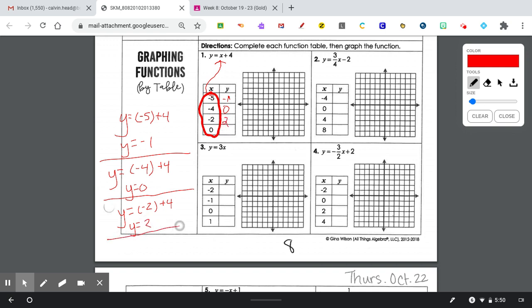And then we have y equals 0 plus 4, and 0 plus 4 is 4. So all we did was substitute those in there. Now what we would do is graph it.